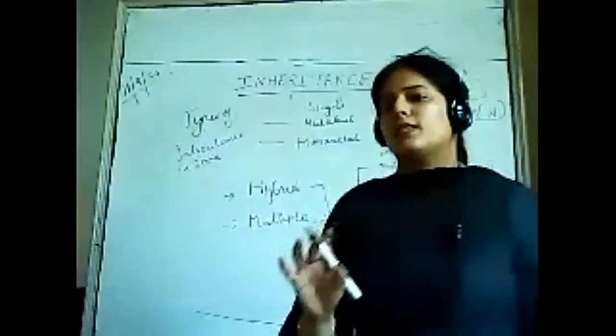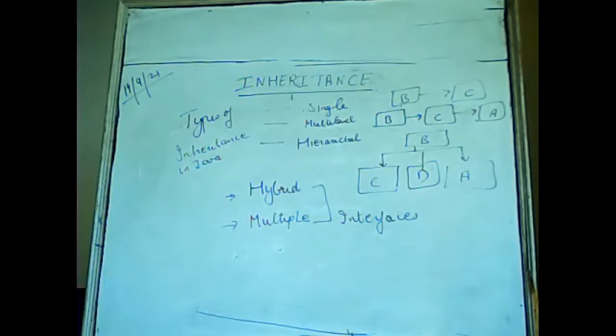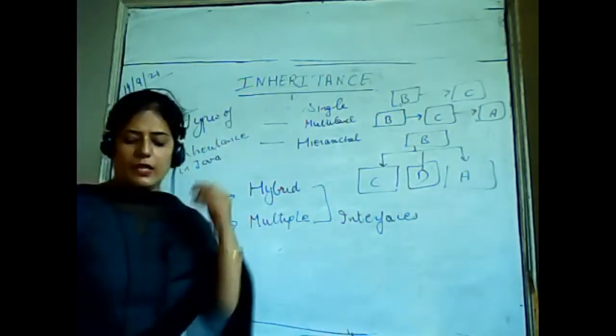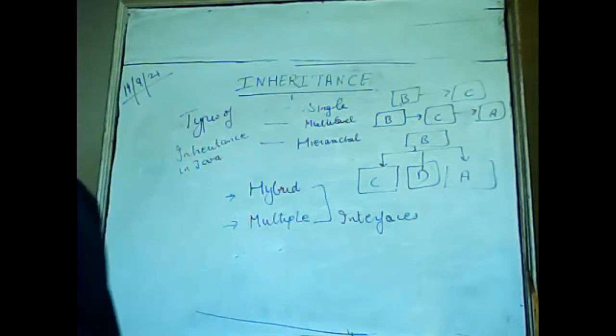Fine. So these are the main types of inheritance that we have. One by one we will discuss this portion, and we can also implement the concept of method overriding in it.